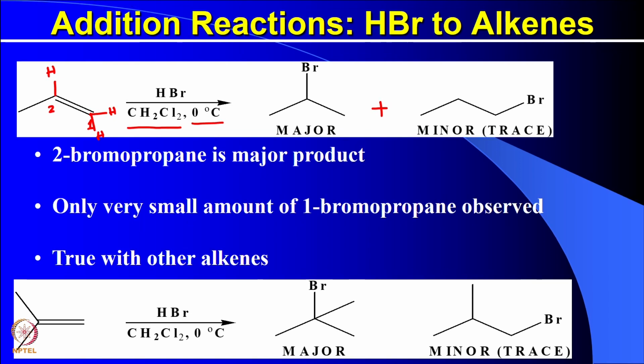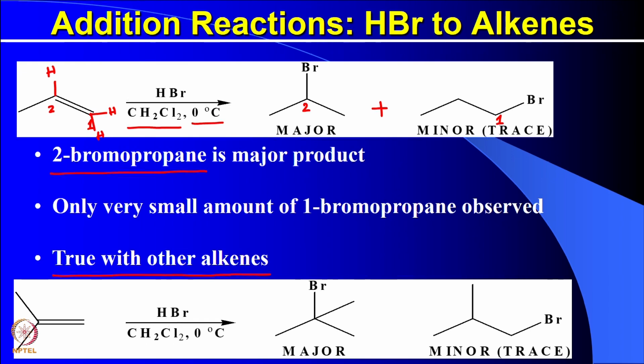Bromine added to carbon 2 is the major product and bromine added to carbon 1 is a minor or trace product. So 2-bromopropane is observed as the major product in this reaction. And this is true with other alkenes as well.